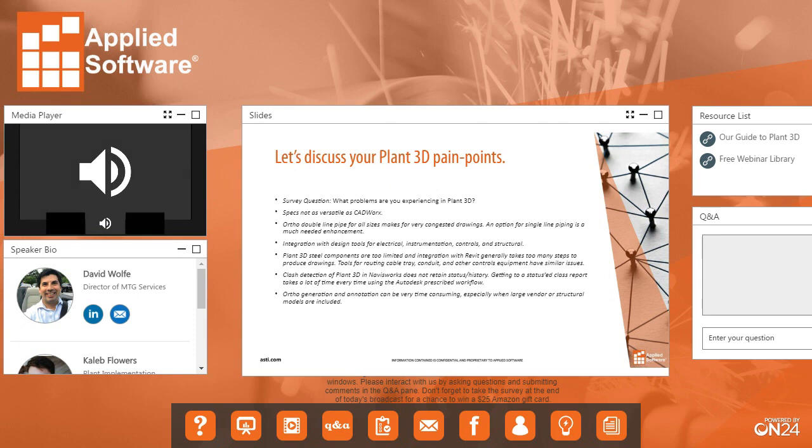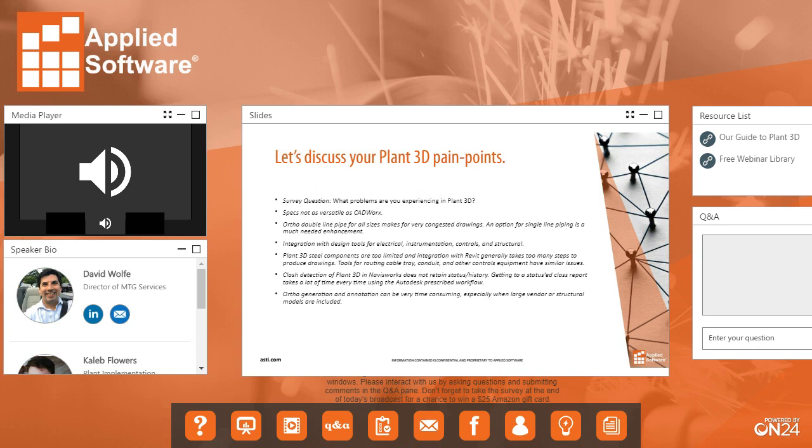spec limitations in P3D, and I would be curious how we could approach that from the standpoint of maybe a foot race, or just a challenge to say, let's quantify this.